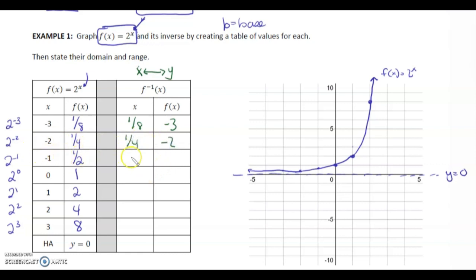Instead of negative 1 comma a half, and then keep going down. 0, 1 turns into 1, 0. 1, 2 turns into 2, 1. 2, 4 into 4, 2. 3, 8 into 8, 3. So we're exchanging the x and the y all the way down the columns. And now, instead of having a horizontal asymptote, we're actually going to have a vertical asymptote at x equals 0.